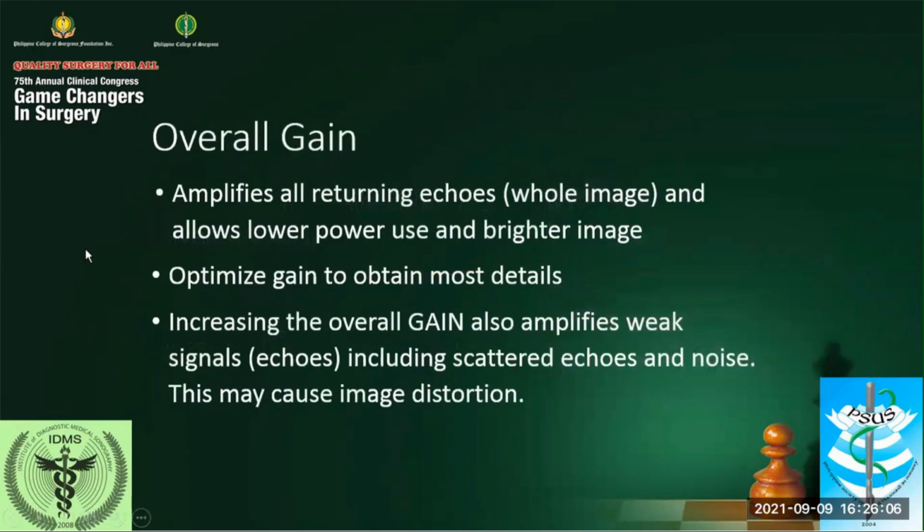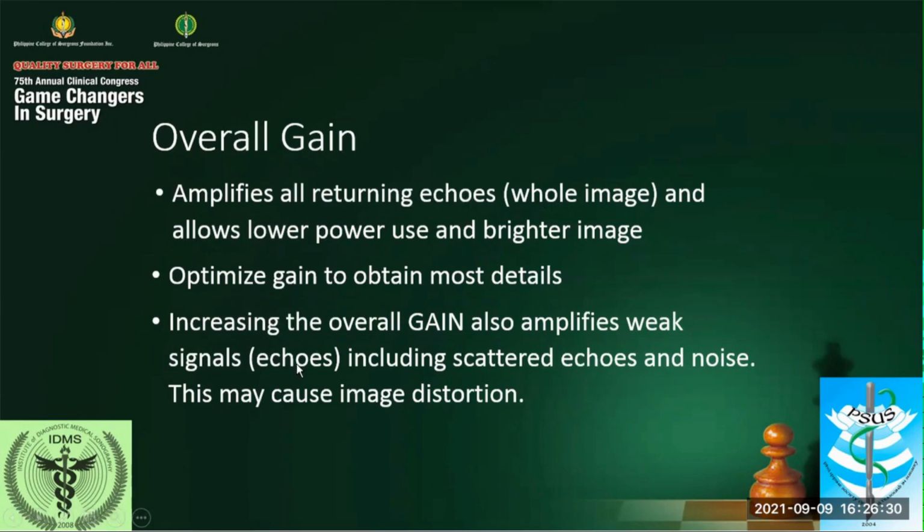First, the overall gain. As the name implies, it amplifies or reduces all the returning signals. So when you use this control, the whole image can become brighter or darker. So it has to be increased accordingly.